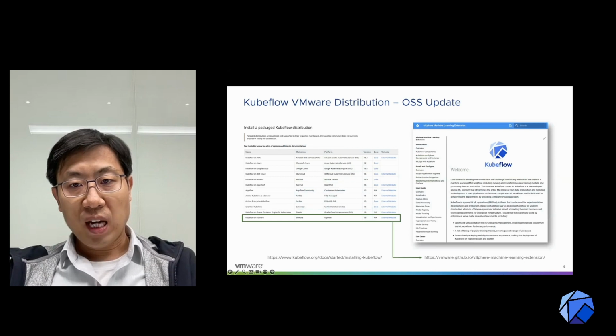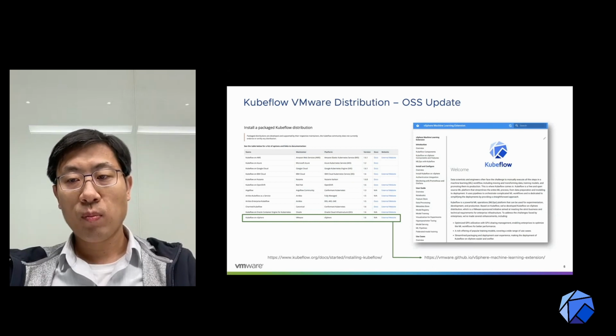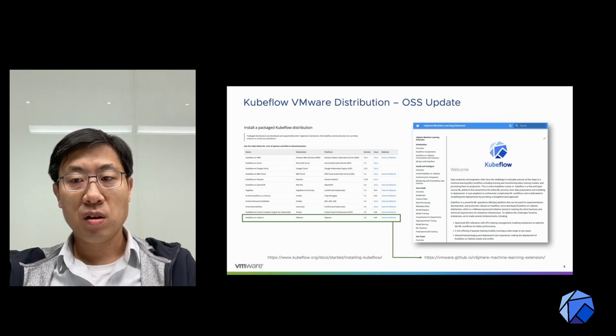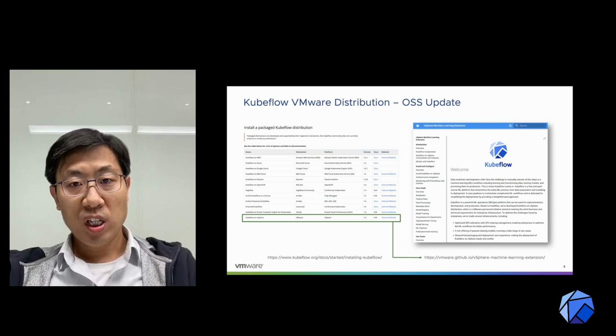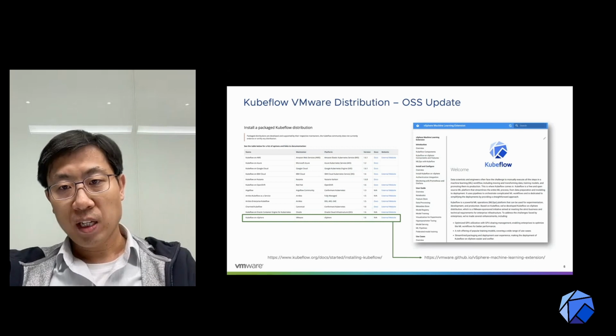To achieve that, we have built a Kubeflow VMware distribution since Kubeflow version 1.6 and maintain it as an official open source project in the VMware organization on GitHub. And we released this distribution with Carvel packaging.